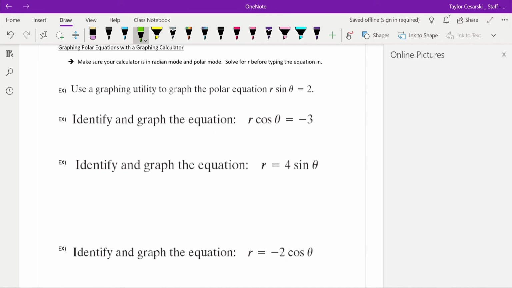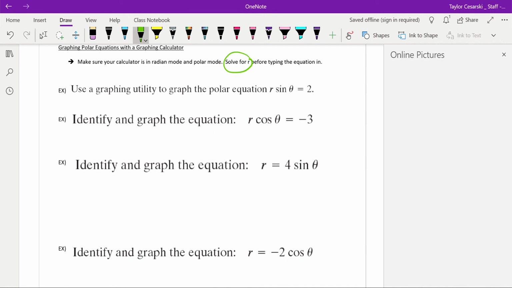First of all, I'm going to go through what the equation is for all of them, and then how you would type it in your calculator. When you type it in your calculator, you'll notice it says that you have to solve for r. Just like when you're in rectangular you have to solve for y, in polar you have to solve for r.